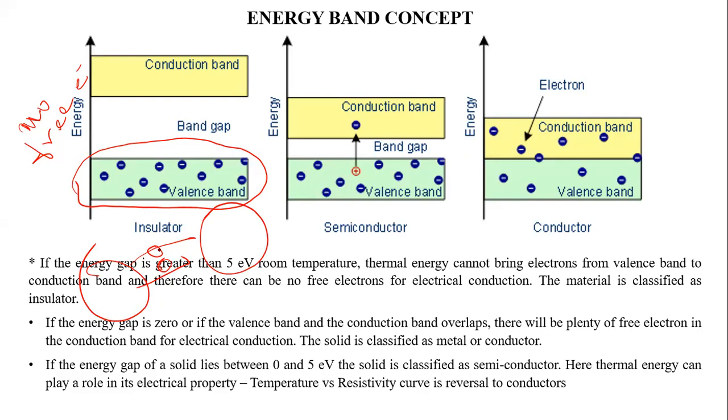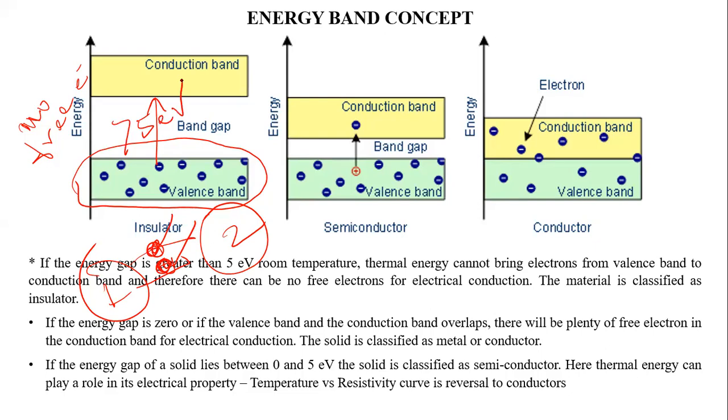In order to set free an electron which participates in the chemical bonding between atom 1 and atom 2, you need a very large amount of energy to detach it. The energy required to detach these electrons, or to set them free, is greater than 5 electron volt.